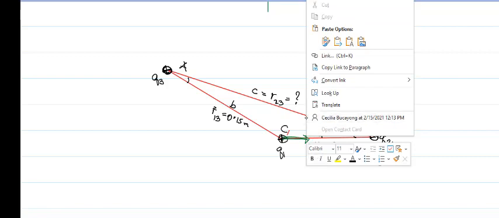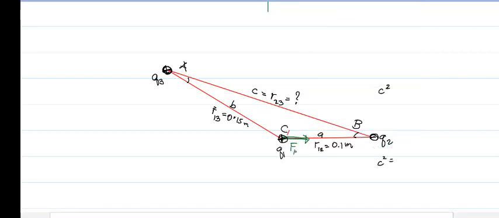So this is the direction of F12. How about the direction of the force due to Q3 on charge 1, or the F13? Since it is repulsive, the direction should be away, towards this direction. This is the F13.